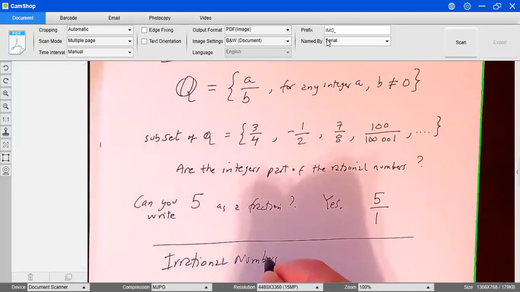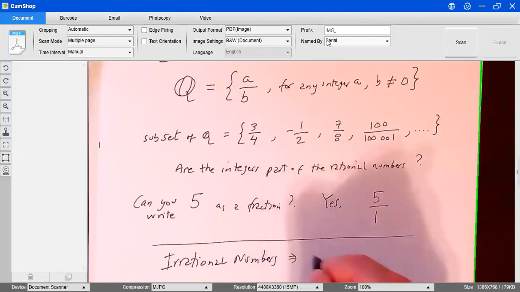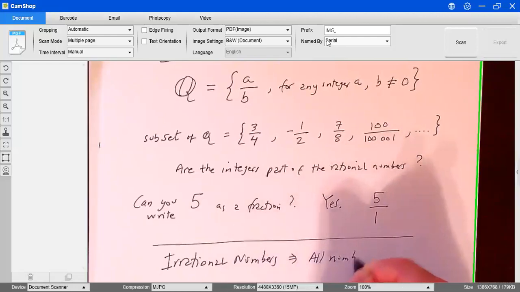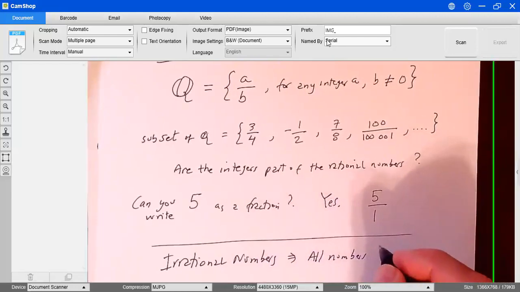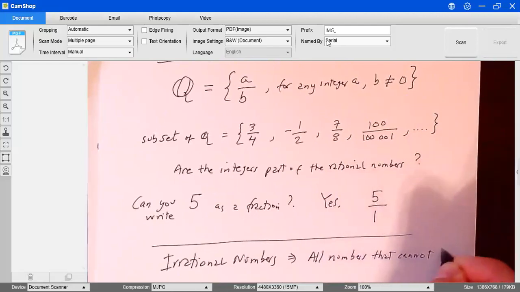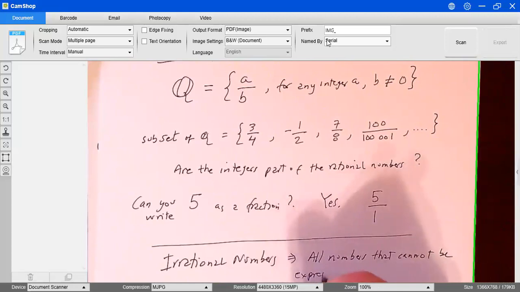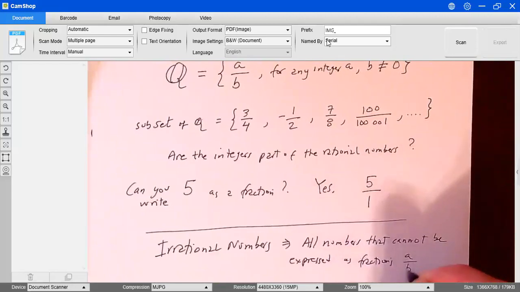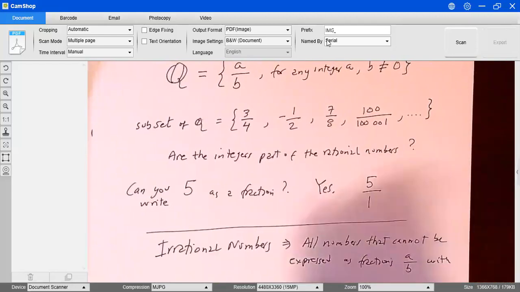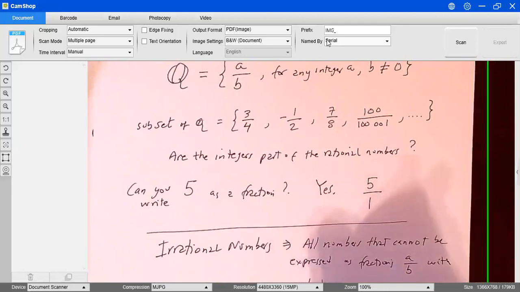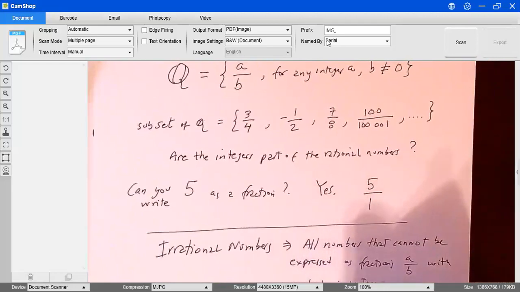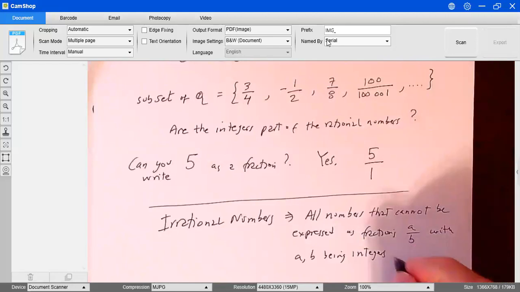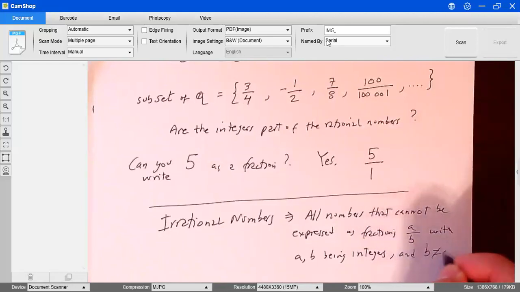Those numbers that cannot be expressed as fractions A over B, with A and B being integers and B different than 0.